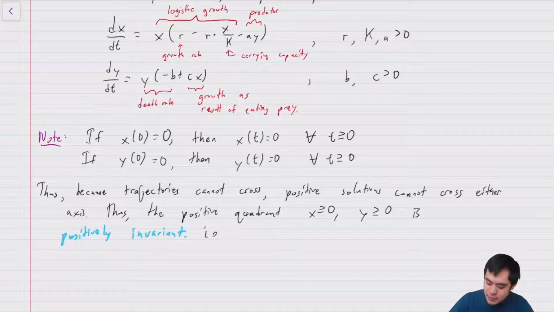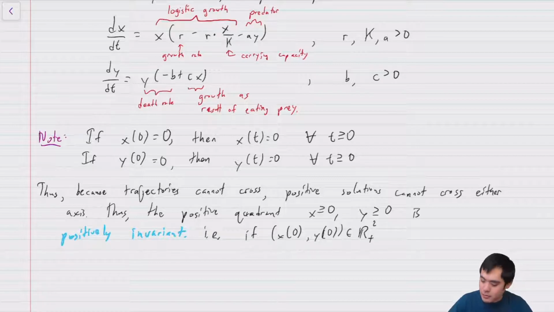More precisely, that means that if x of 0 and y of 0 are in the positive quadrant, then x of t, y of t are also in the positive quadrant for all t greater than or equal to 0.